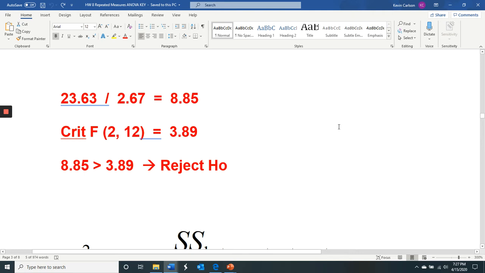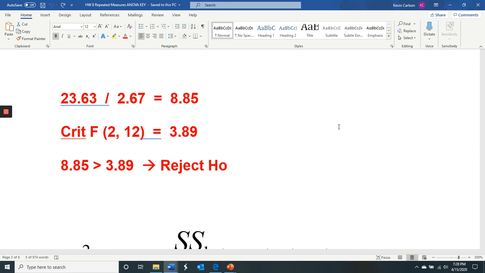We go find the critical value for the F with 2 degrees of freedom for the between treatments, that's the columns, and 12 degrees of freedom for error, which is the rows. And we go ahead and find that in the table, and we get 3.89.